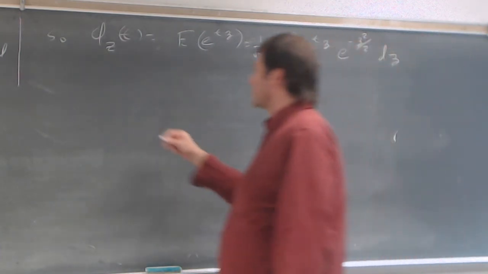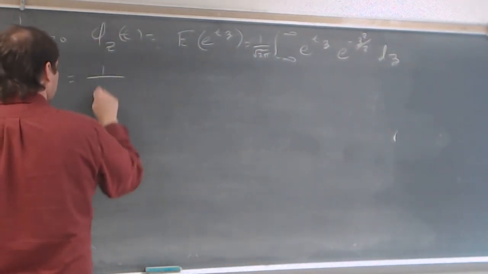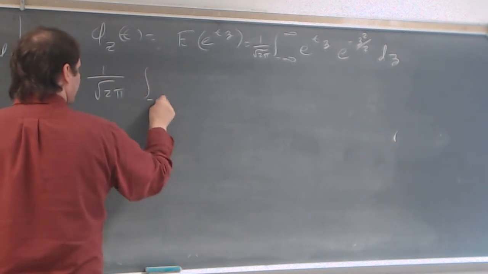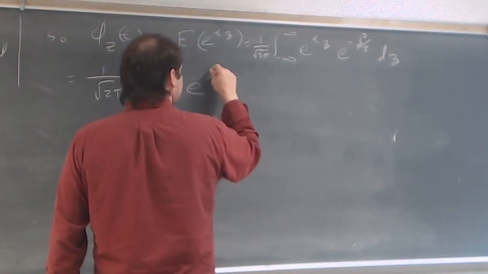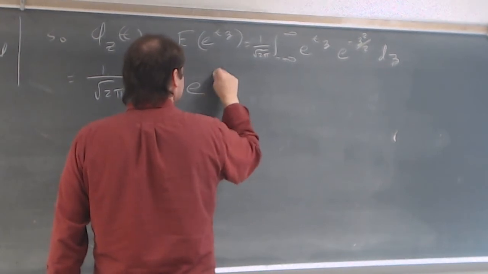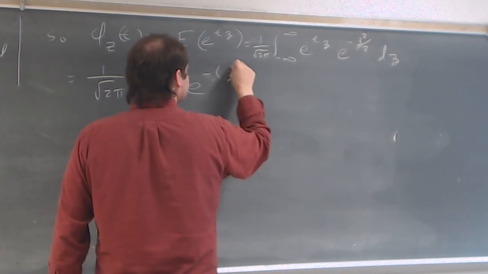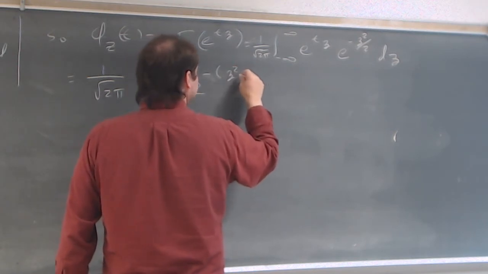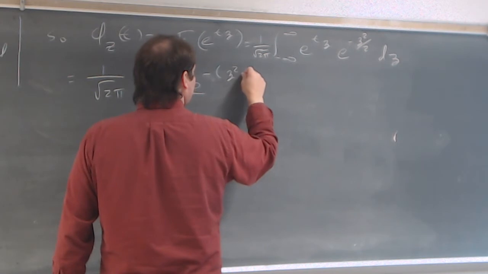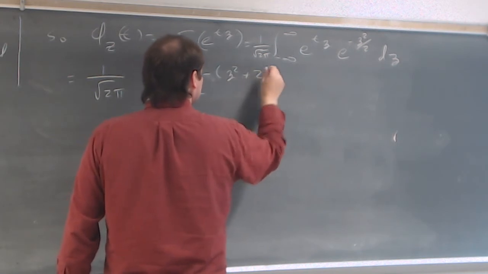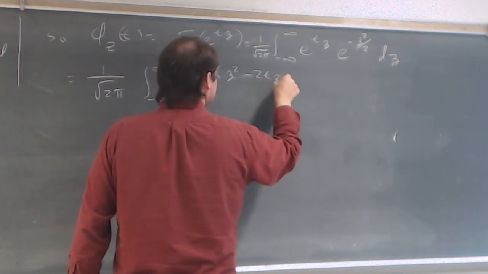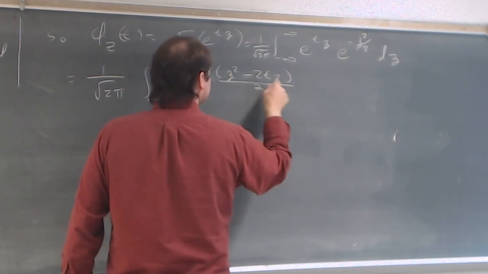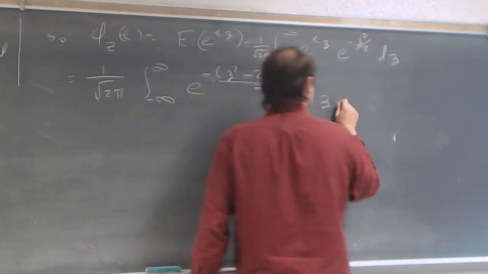We can rewrite this as 1 over the square root of 2 pi, integral from minus infinity to infinity, of e to the minus the quantity z squared minus 2tz, all over 2 dz.